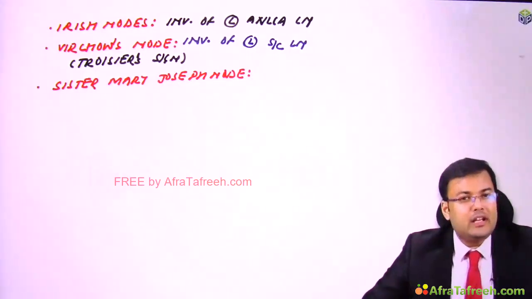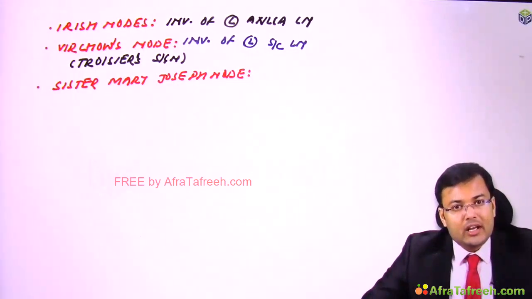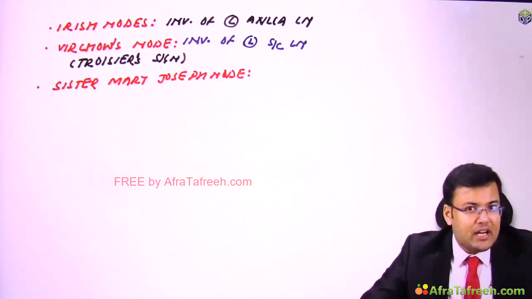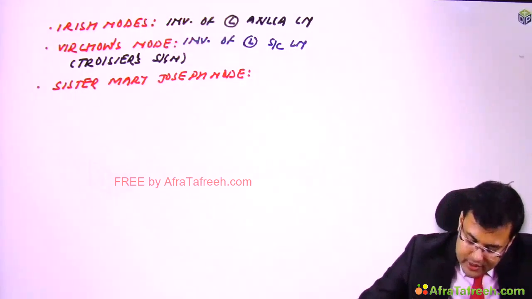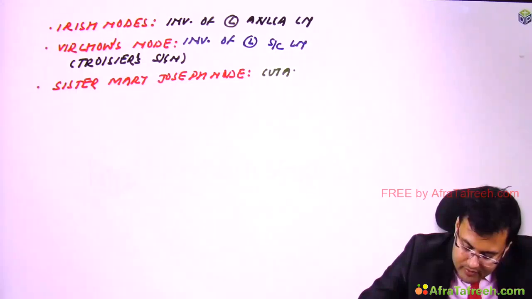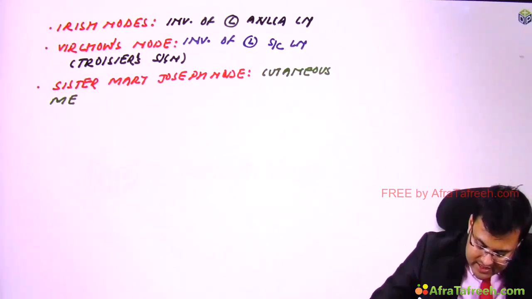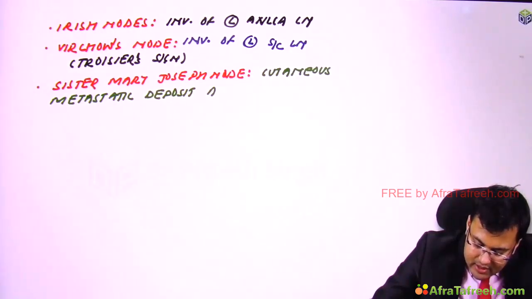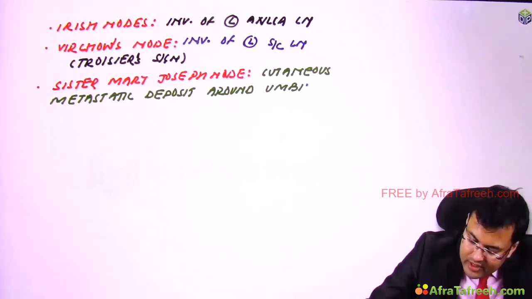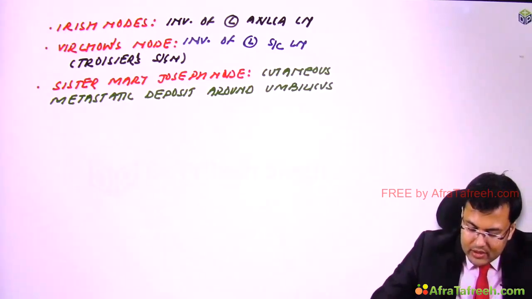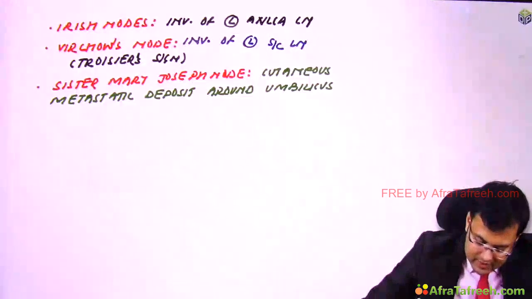Be careful, it's not a lymph node. It's the cutaneous metastatic deposit around the umbilicus. So this is Sister Mary Joseph node. After that, there is Blummer's shelf.